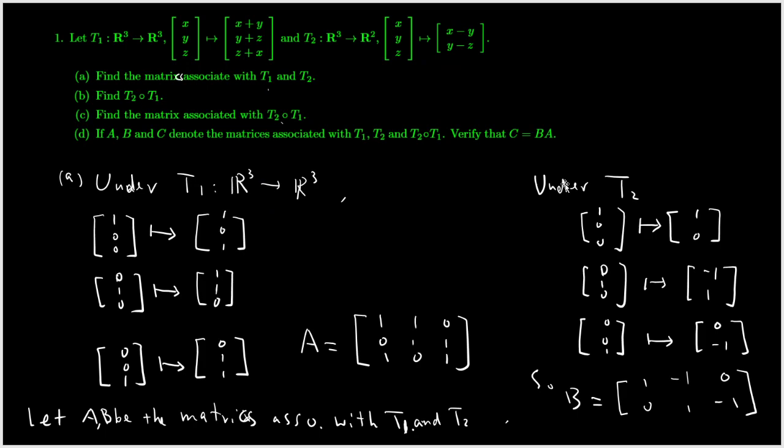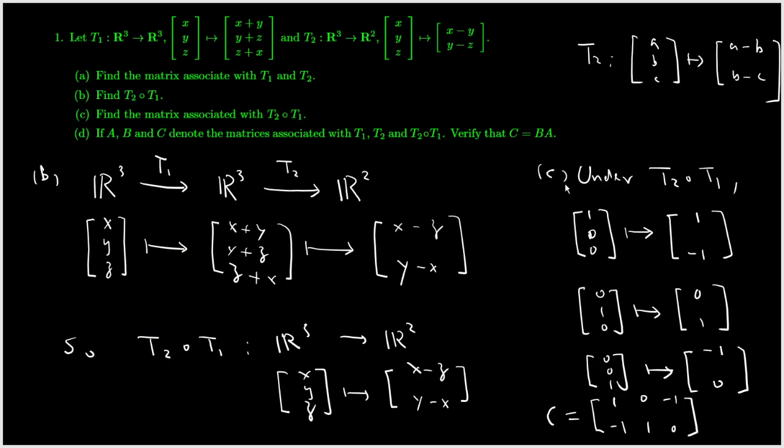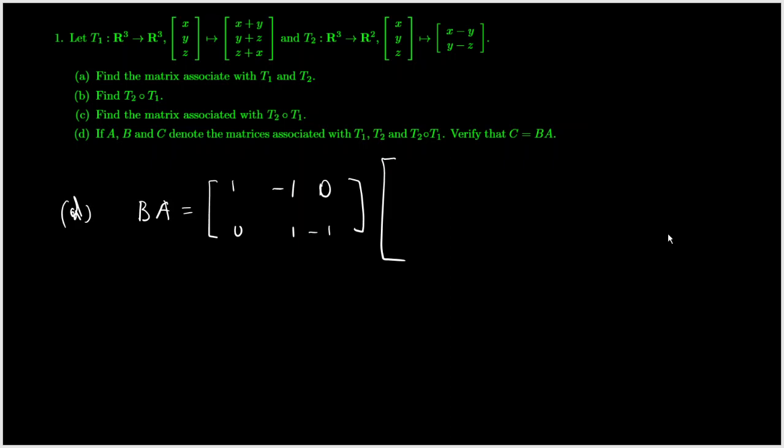And A is easy to memorize. The next row has to be 0, 1, 1, I think. No. 1, 0, 1.